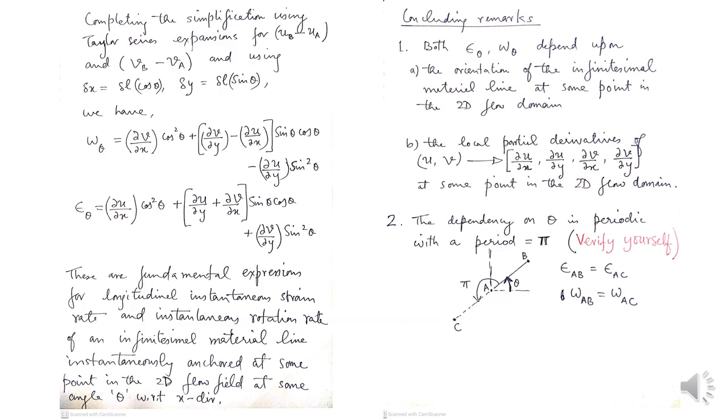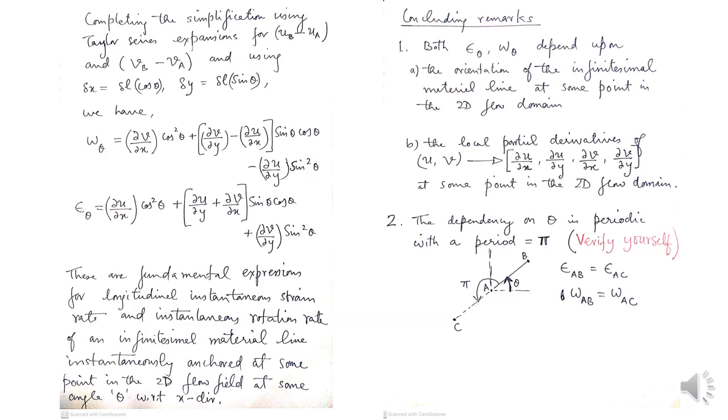When we extend these ideas into 3D, there will be three components of velocity, and their derivatives will also be 3 for each, making it a total of 9 spatial derivatives. So I am just hinting at some things to come in future.